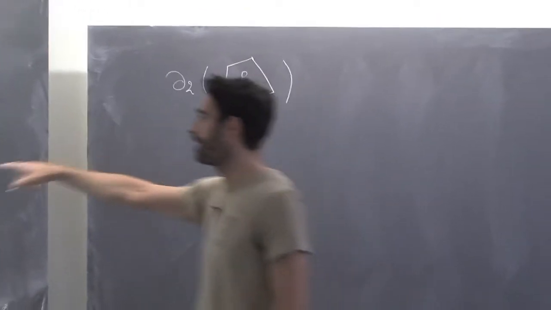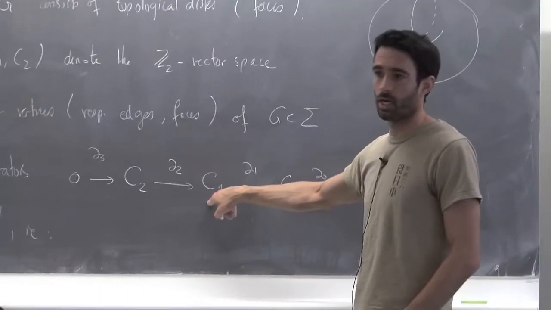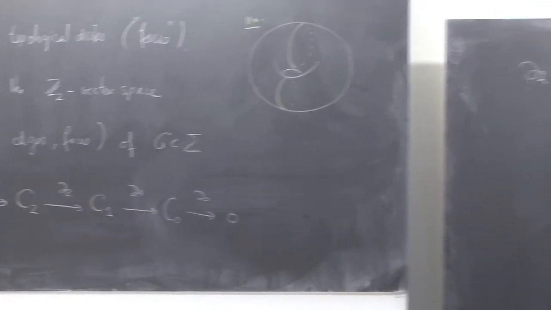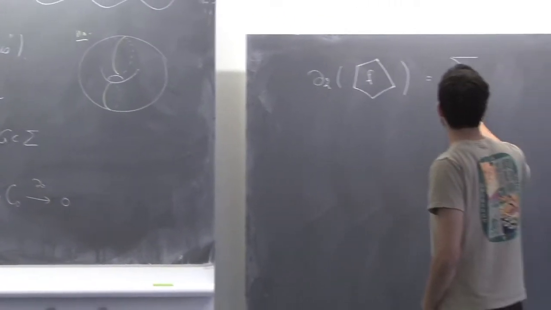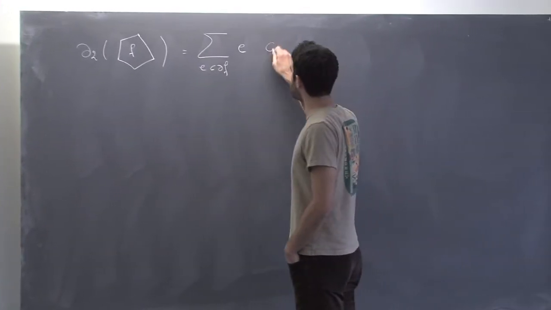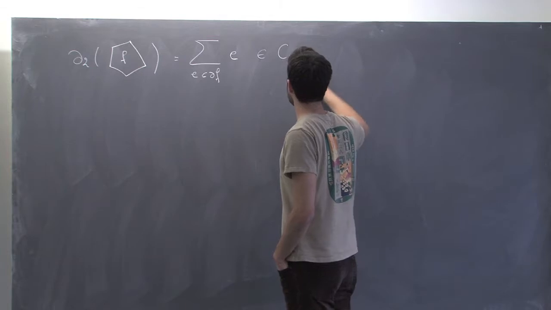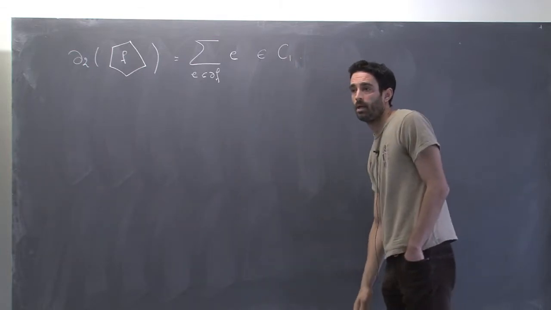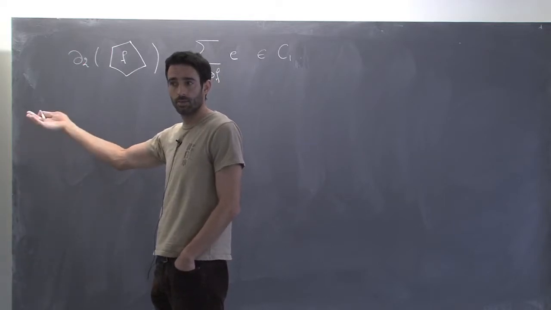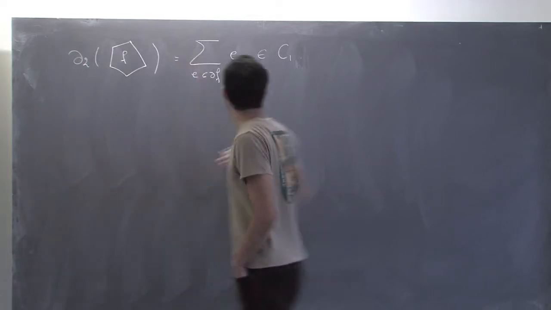And you want this to lie in C1, that is, a sum of edges. You do the obvious thing. You just define this as the sum over all edges in the boundary of F. Okay, and this does lie in C1, right? And this is the way you define the boundary on a face, and then you extend this linearly, okay?